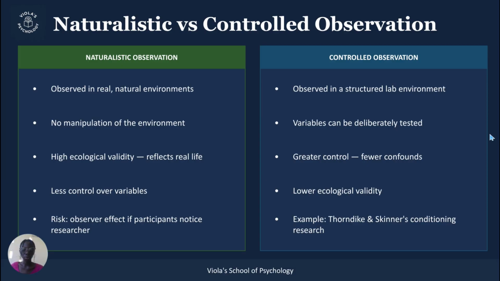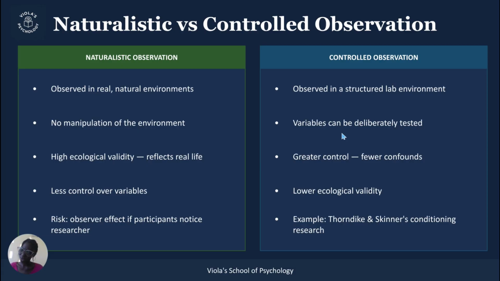But in the right column we have the controlled observation. This happens in a structured lab environment. We can reference this to Thorndike and Skinner's famous conditioning experiments. These are examples.